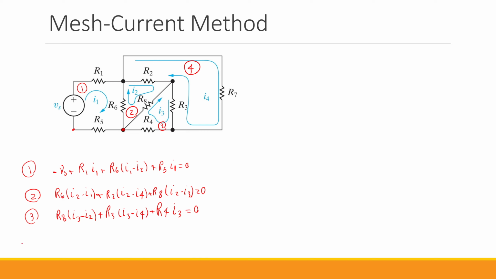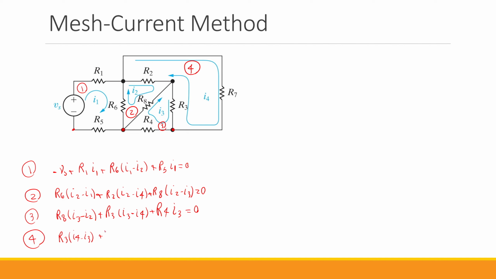And finally, for mesh 4, let's say if we start from here, we have R3 common between mesh 4 and mesh 3. So we have R3. The net current in the direction of I4 is I4 minus I3.